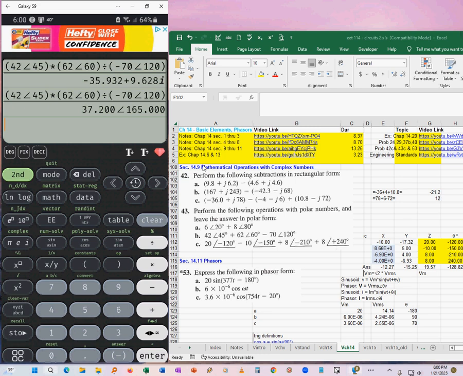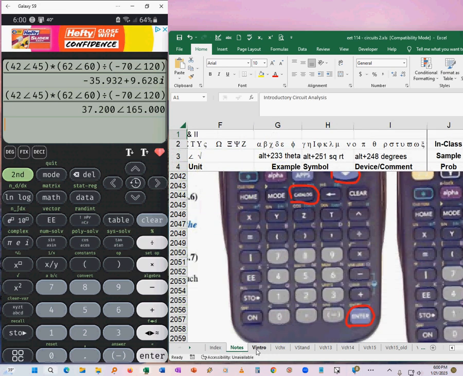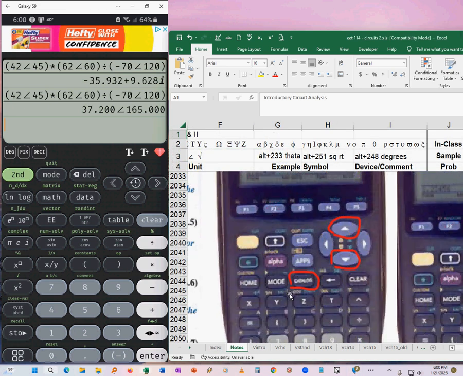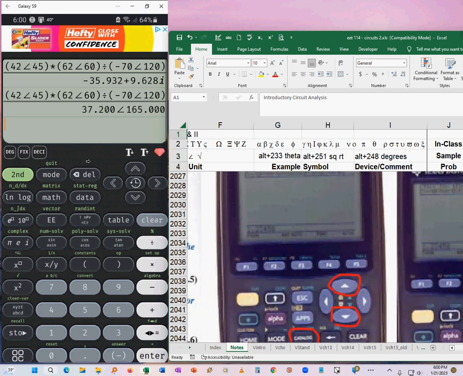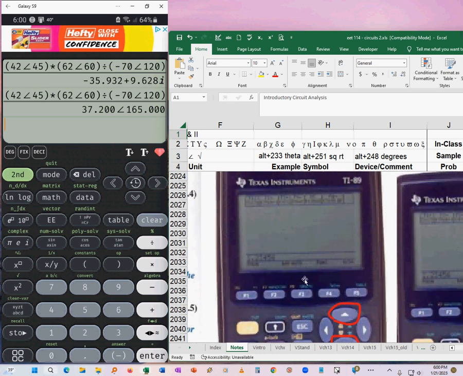Like I said, the TI-89 also has a mode button, so it's similar. This is a TI version, but it's an older one. Again, I like using my hand calculator better, but this is how you do it on your phone if you wanted to use an app.